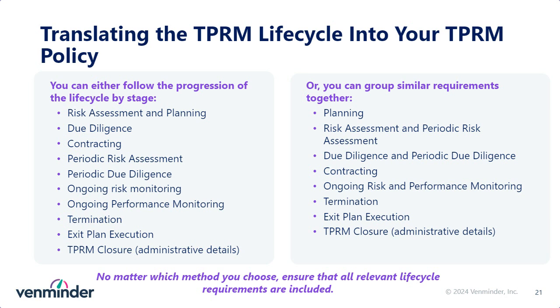And a lot of organizations are going to just follow the order as provided in the regulatory guidance and structure their policy in the same section. In fact, the template that we've provided today really follows and mirrors that interagency guidance and puts the sections in the same order. So whatever method you choose, make sure you're only including those requirements for activities you actually do.